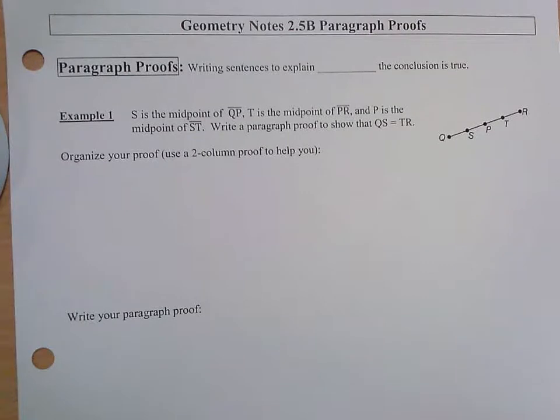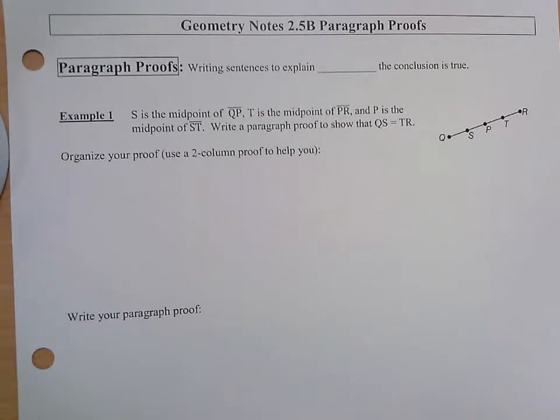What you're going to see is that a 2-column proof is really a model or a tool that can help you with a paragraph proof. Not that all of you may choose to go on in your future careers into something with math. I obviously went into something with math, so in college I had classes that were just on writing proofs.